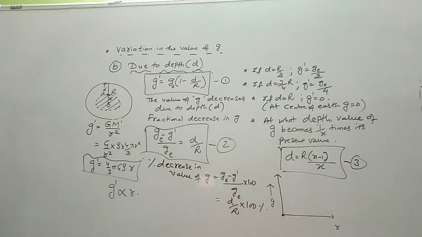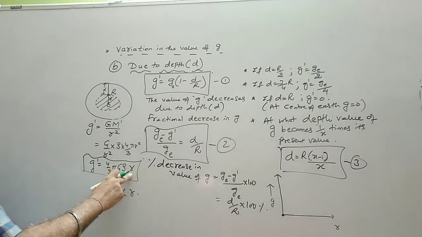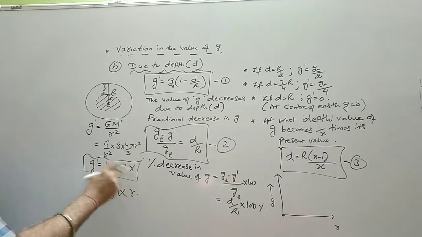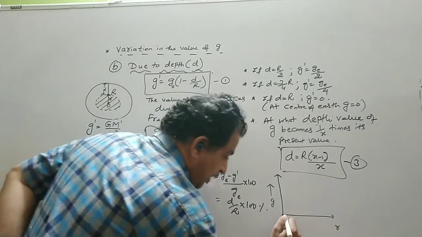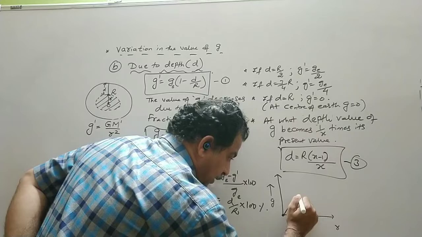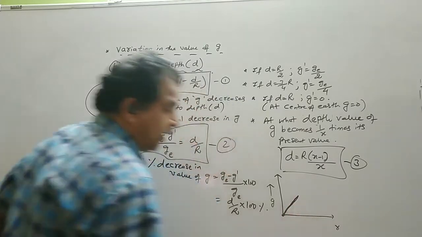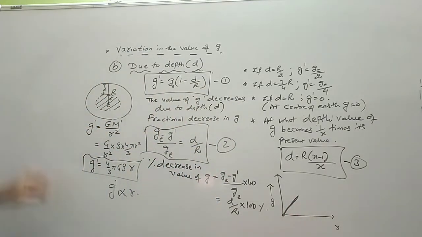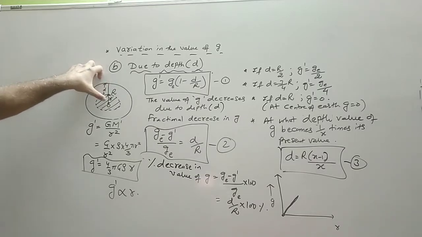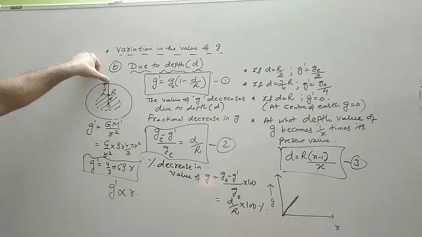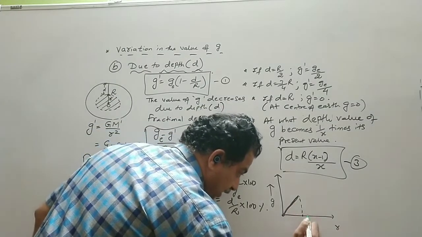In that situation, the formula in terms of density and small r gives g dash directly proportional to r. So the value of g rises in direct proportion. Then if I reach the surface of the earth, small r becomes equal to the capital R, so the value of g is maximum.